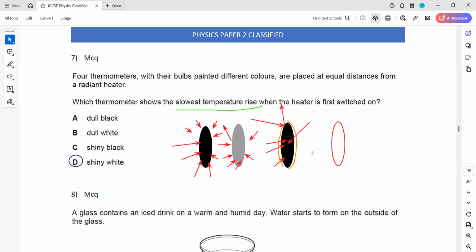The last one is shiny white, a good reflector. So when radiation falls, it will reflect the maximum amount, and it will show a smaller change in temperature. Is it clear? Yes, sir.